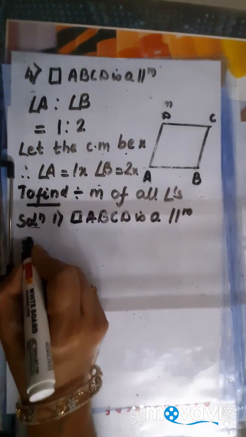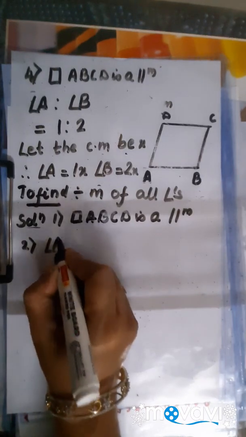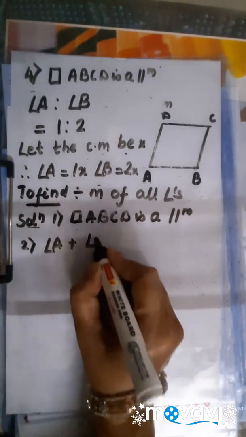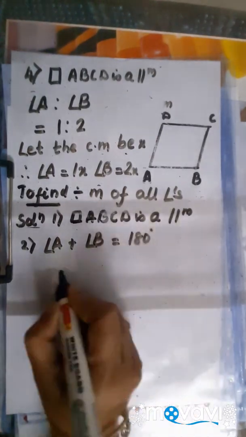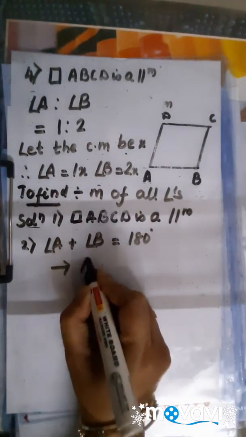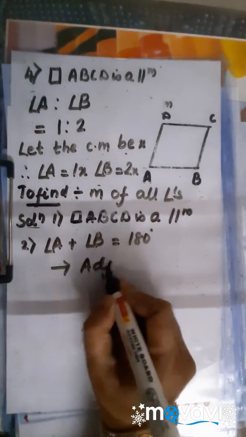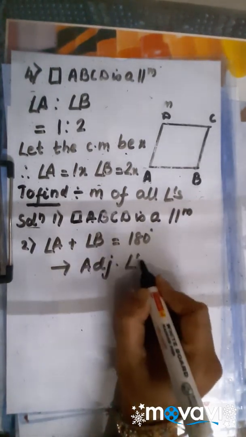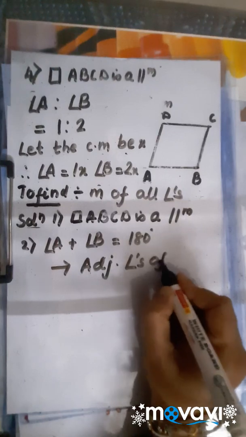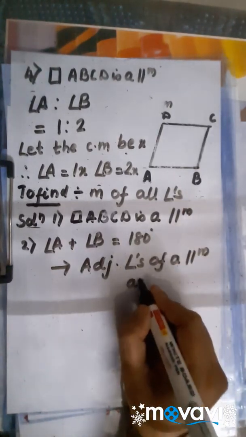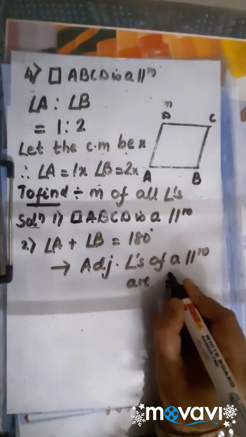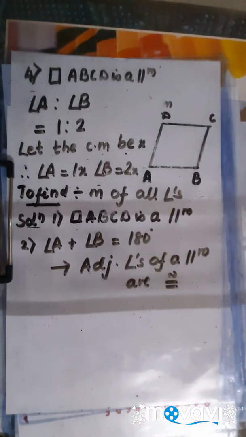So second statement, A plus B is equal to 180 degrees. Okay, we must say adjacent angles, not interior, we have to say adjacent angles of a parallelogram are supplementary.